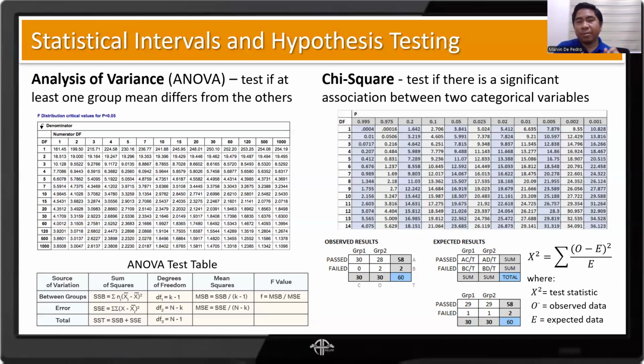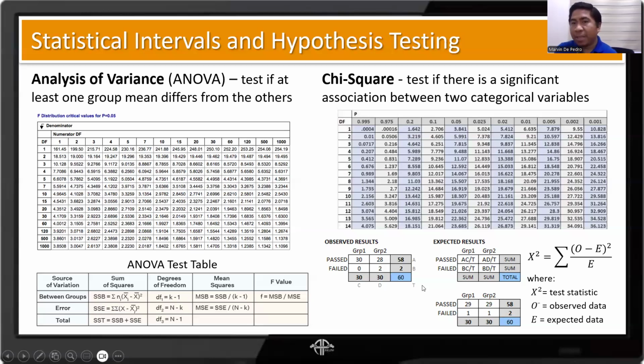You want to see if there's an association, like if you are in group one, most likely you get to pass, while if you are in group two, most likely you get to fail. That's an example. We want to prove whether the grouping matters, whether the grouping is a significant factor in whether the member passes or fails.